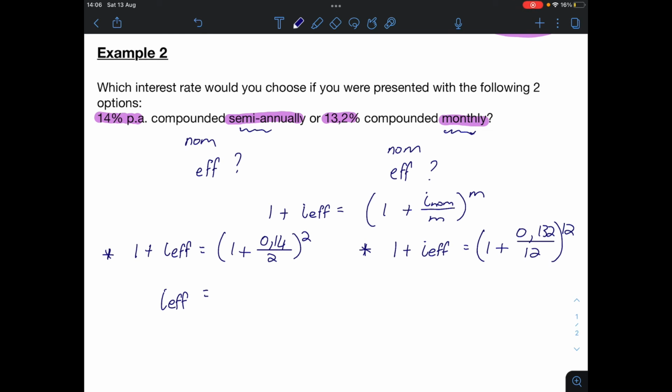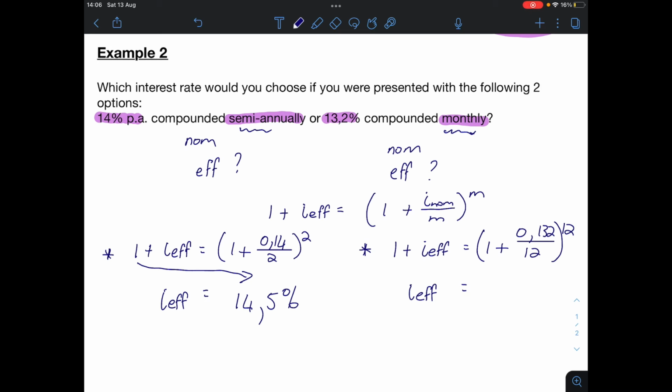Okay, so now if I want the effective interest, I'm going to have to work this out, which is in brackets 1 plus 0.14 to the power 2. And then don't forget, I'm going to have to subtract the 1 because this 1 must go across. And I'm going to end up with 14.5% to 1 decimal place. Let's have a look at this one.